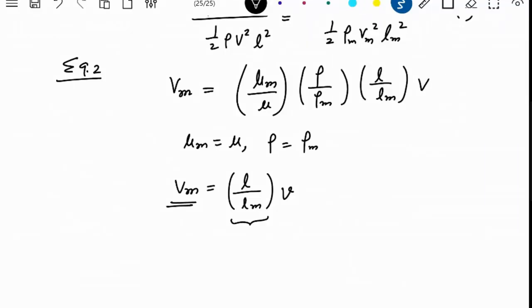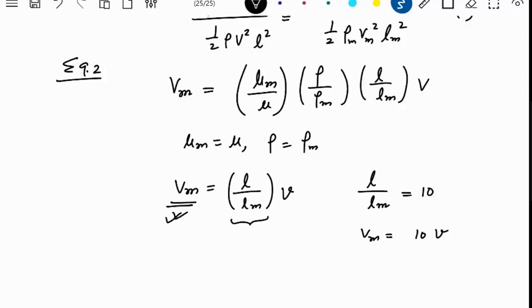So if you reduce this length scale, then velocity will increase. For example, if L by Lm is 10, then velocity Vm is equal to 10 times V. So you have to increase it. If you have 50 miles per hour, then it becomes 500 miles per hour.